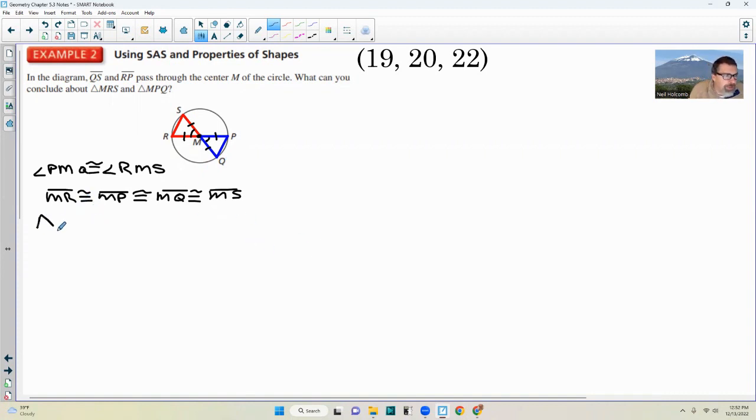We should. So at this point, we can say triangle, and it doesn't matter how you name it. If I start at M and go to P and then Q, triangle MPQ is congruent to triangle MRS by SAS.